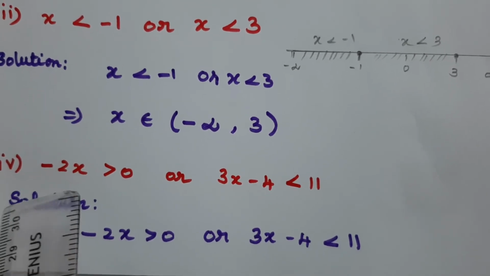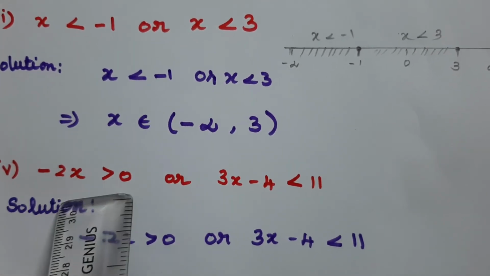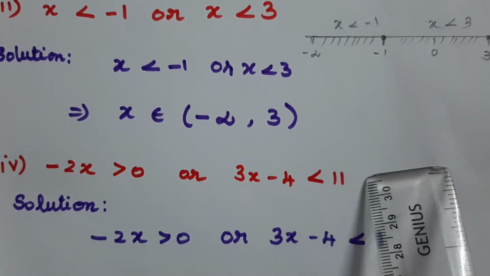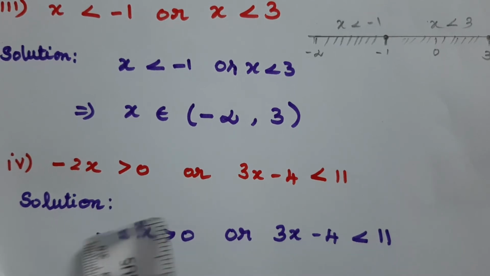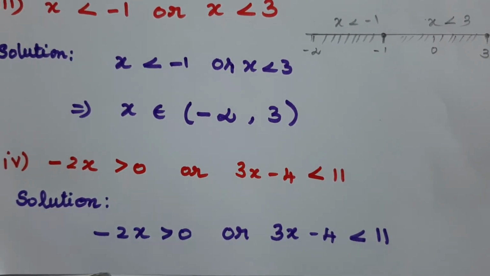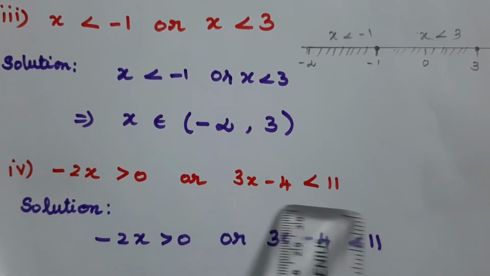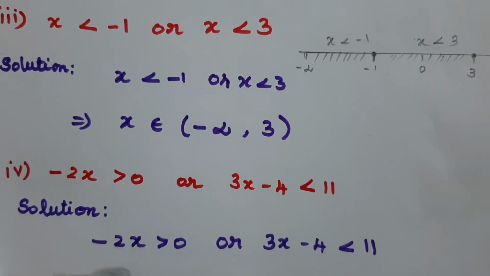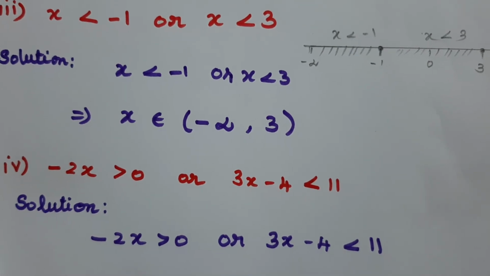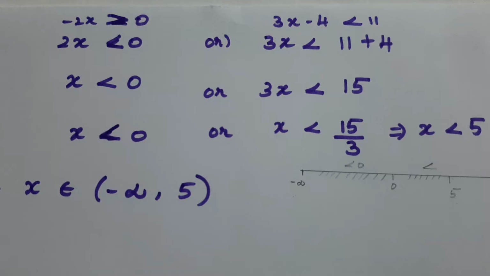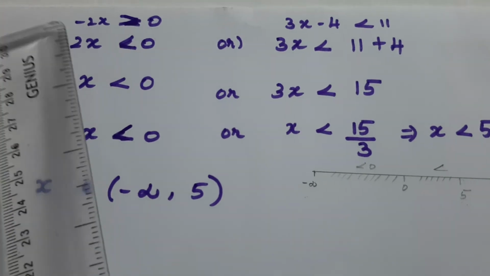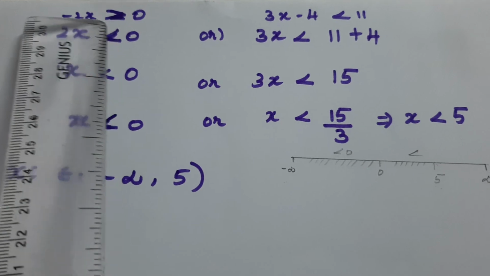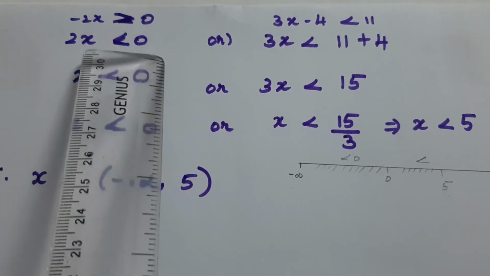Fourth subdivision, question, minus 2x greater than 0 or 3x minus 4 is less than 11 is given in the question. Therefore, solution, minus 2x greater than 0 or 3x minus 4 is less than 11. So, rewrite this in the form of the x with the inequalities. Minus 2x greater than 0. So, when you multiply with the minus sign, this inequality is changed as less than 0.